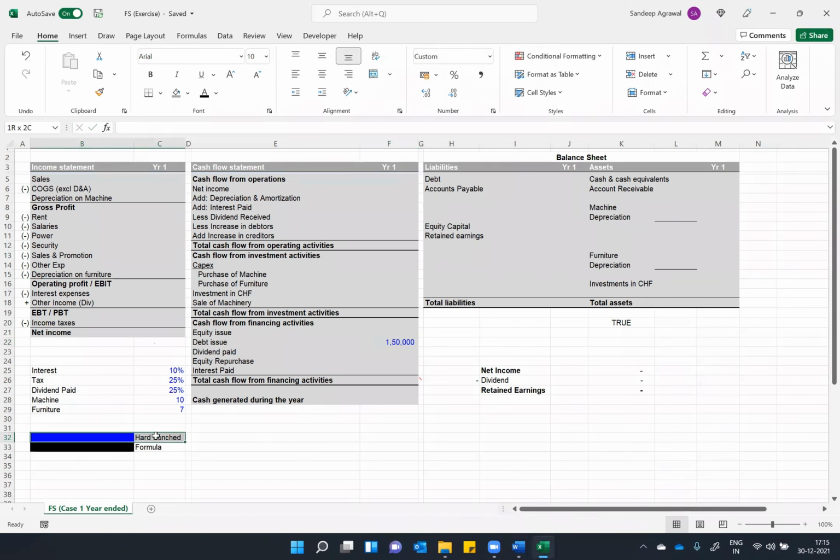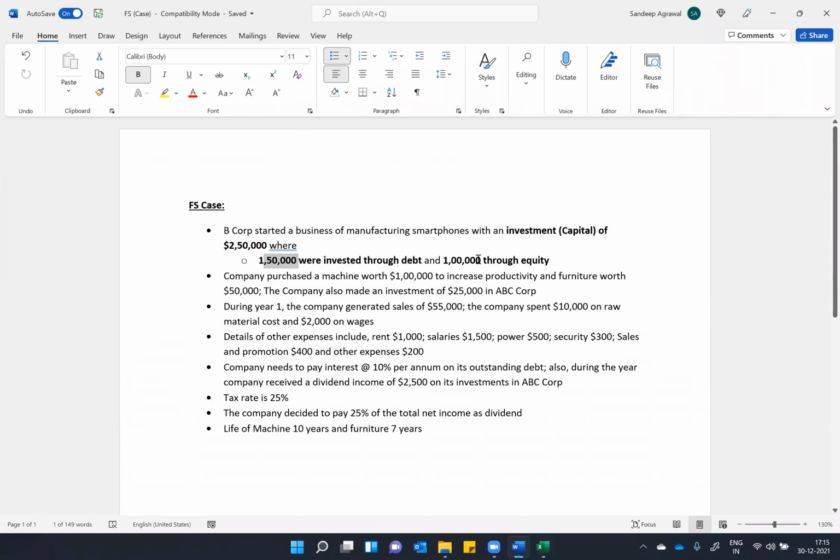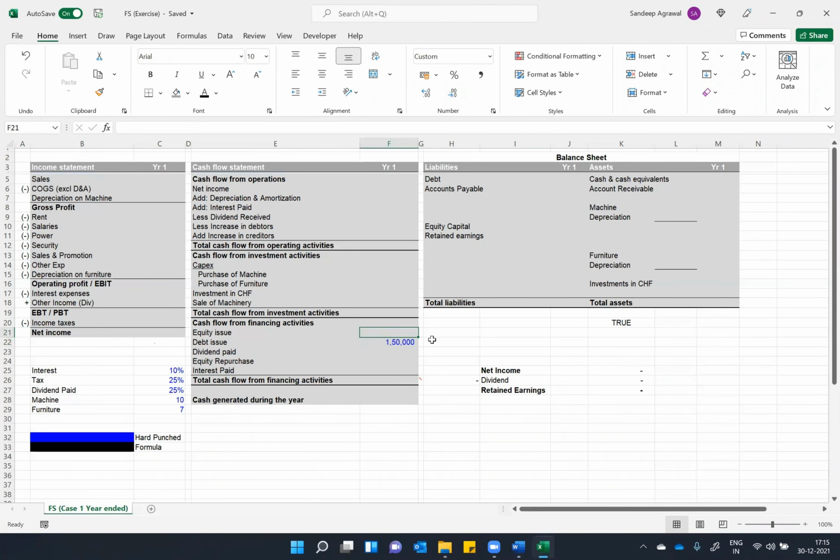Let me tell you, all the blue numbers are hard punched, and all the black numbers that you will see are a combination of, or simply, a formula, I would say, right? So 1,50,000 of debt issuance will come in financing activities, and 1 lakh of equity we also have. So just put it here. So we do have both the numbers.